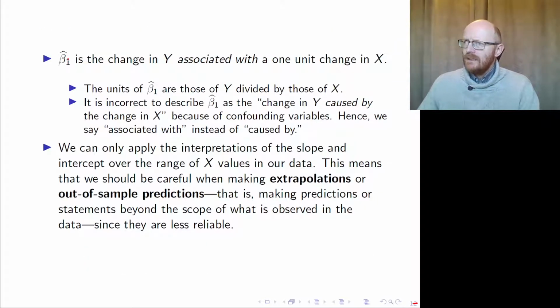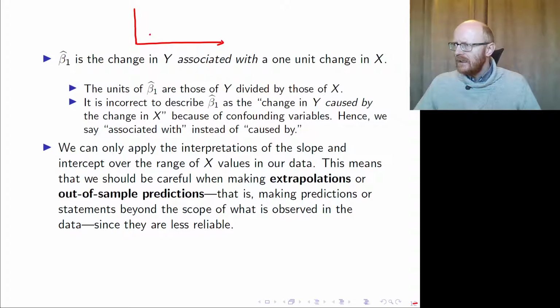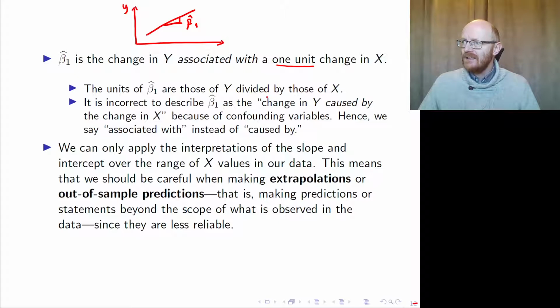And what do we make of the slope, beta 1 hat? Well, there are two things we have to consider. One is that the slope is the change in y given a 1 unit change in x.